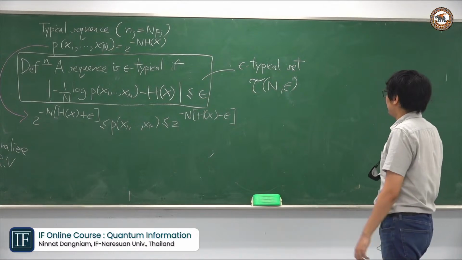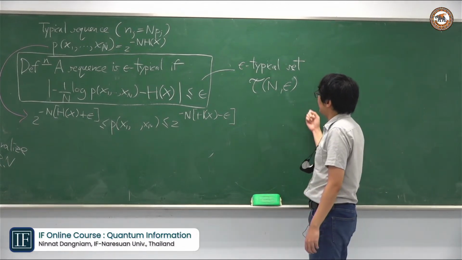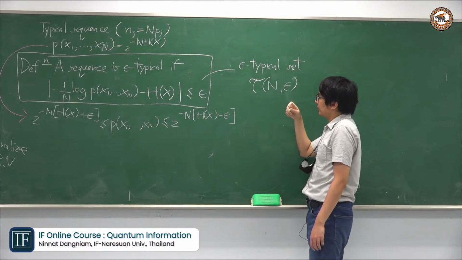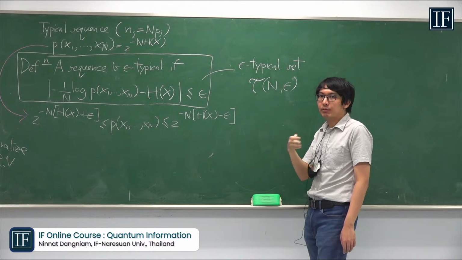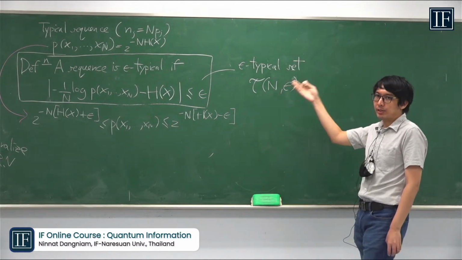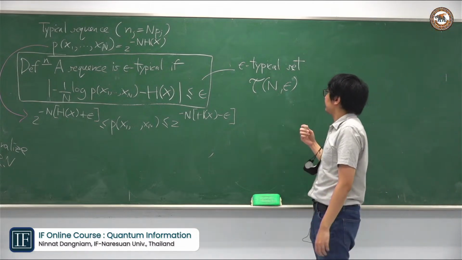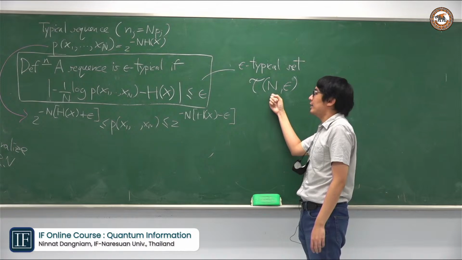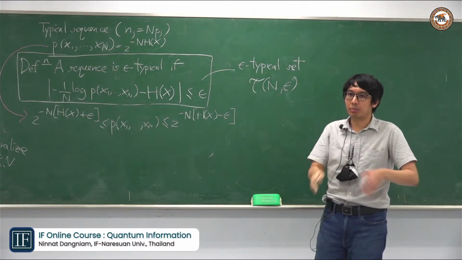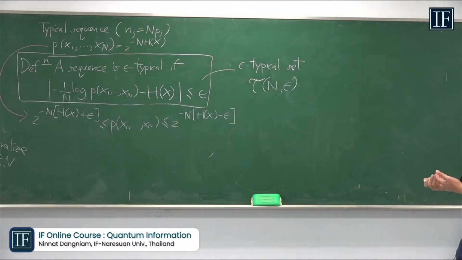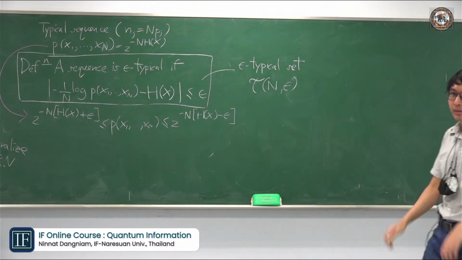We want to show that for large n, which we have to specify as a function of epsilon and other things, this set takes almost all the probability on the space of sequences, and also each sequence in the set is almost equiprobable.